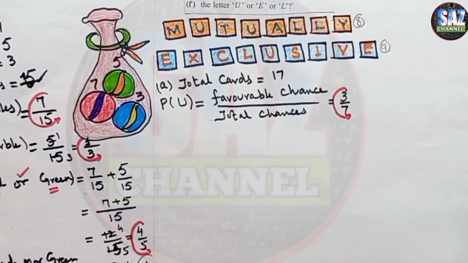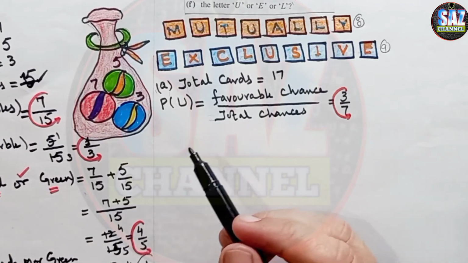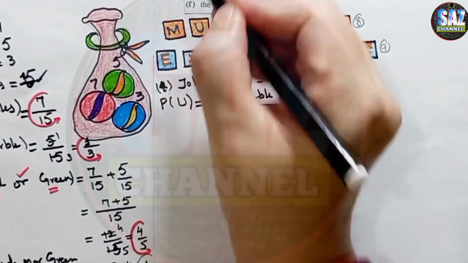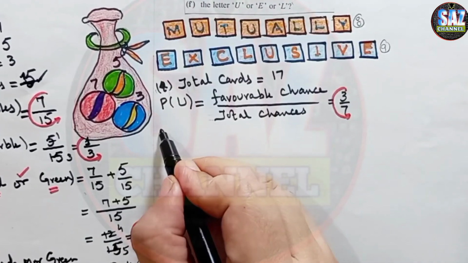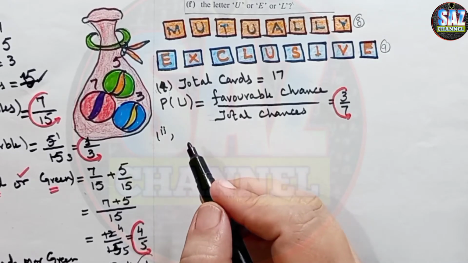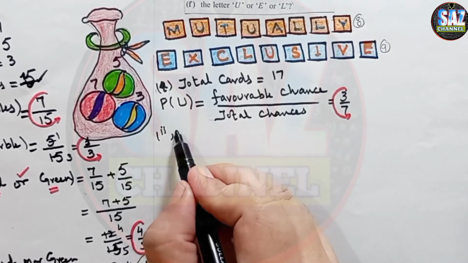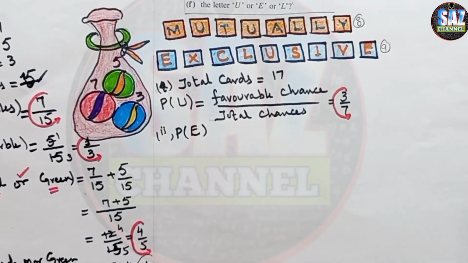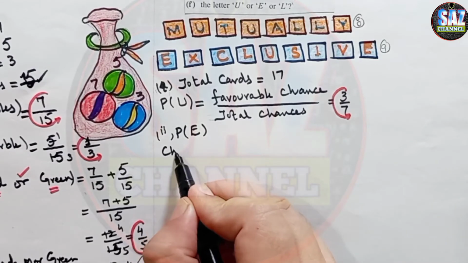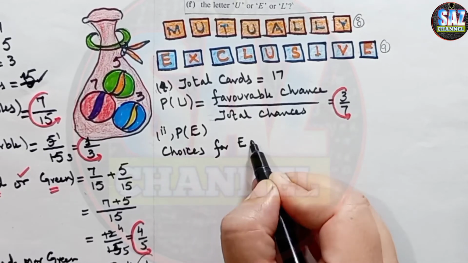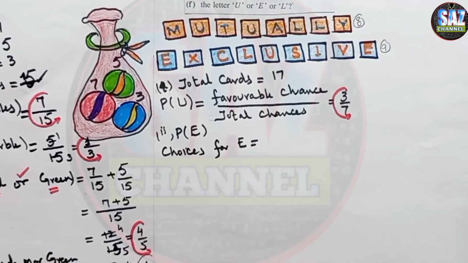And then the B part is that we have to pick up letter E. Probability of E. Now see how many times we are getting letter E here.